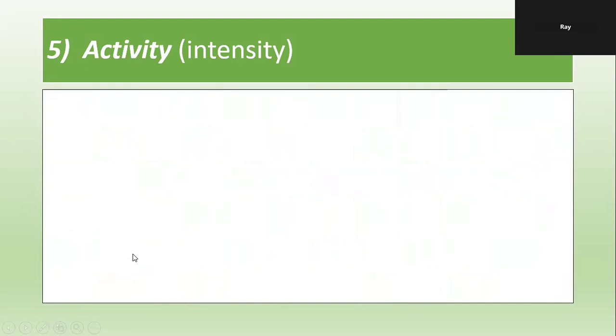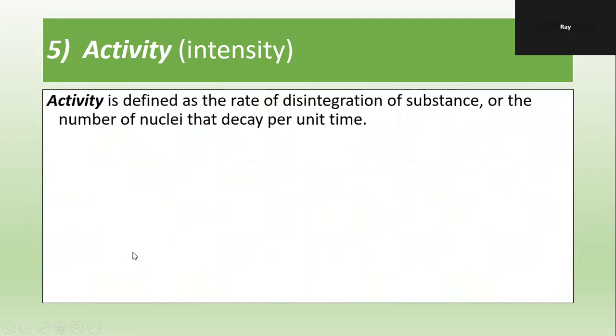Okay, activity or intensity is defined as the rate of disintegration of the substance, or the number of nuclei decaying per unit time. In mathematical form, rate of disintegration of the substance, and from the decay law, we know that A can be written as that law.